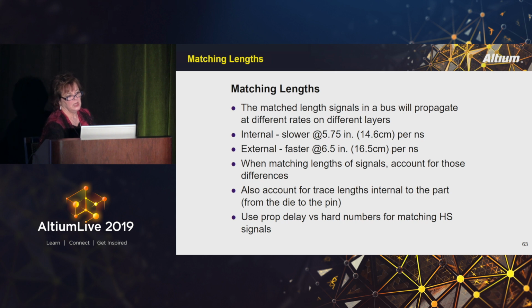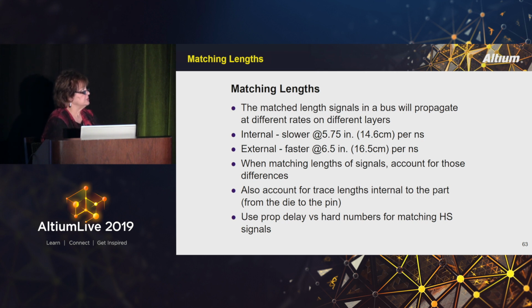Matching lengths. The only thing I really need to say about that is that the signals travel slower on internal layers and faster on external layers. So if you're matching lengths, be aware of that and don't assume that by putting the same length signal on an internal and external layer they're going to arrive at the same time, because they won't.